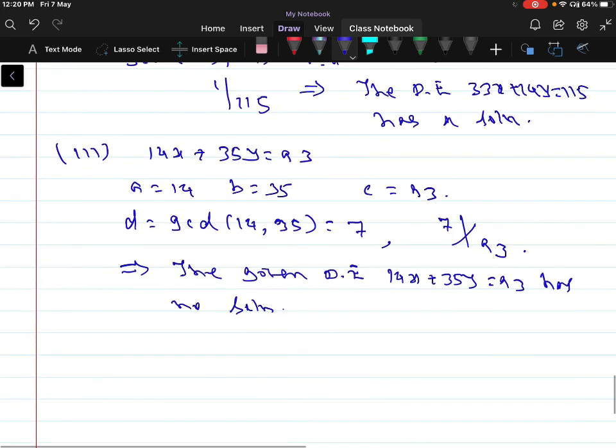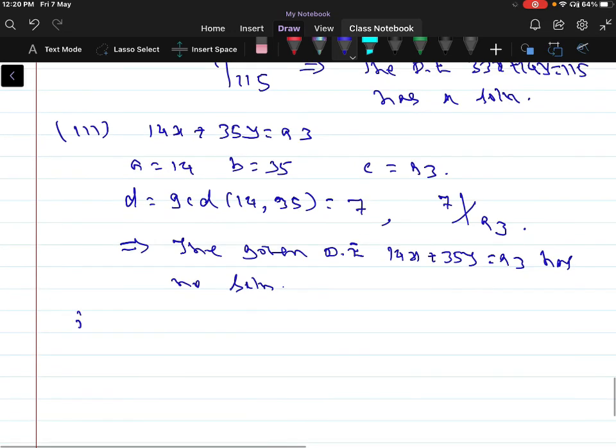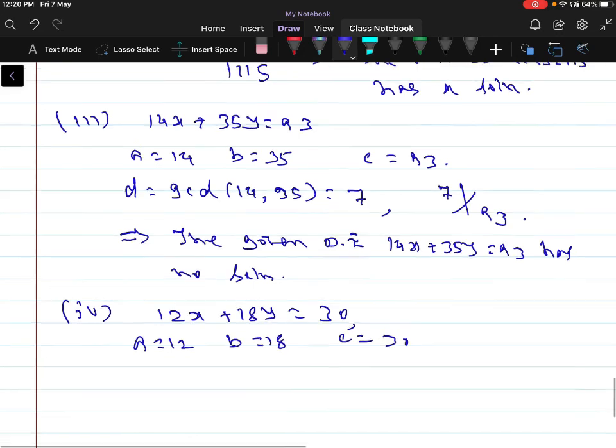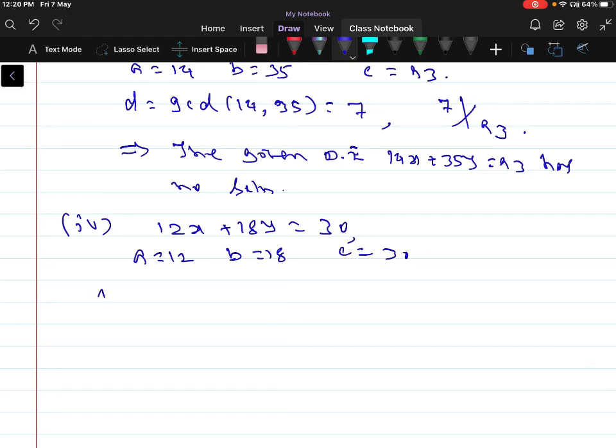So let us consider the fourth example. So fourth example is 12x plus 18y is equal to 30. So here you take a is equal to 12 and b is equal to 18 and c is equal to 30. Now GCD of 12 comma 18.